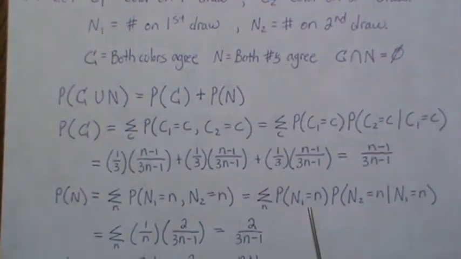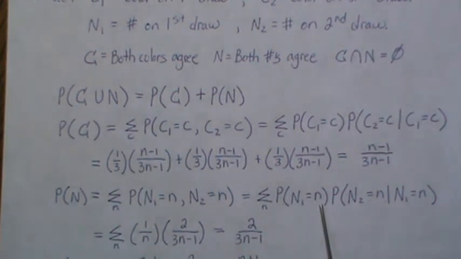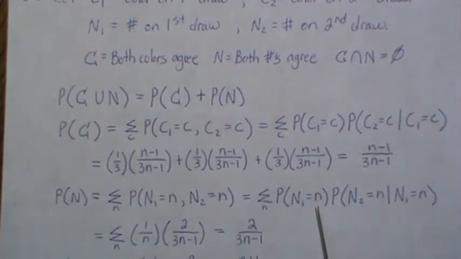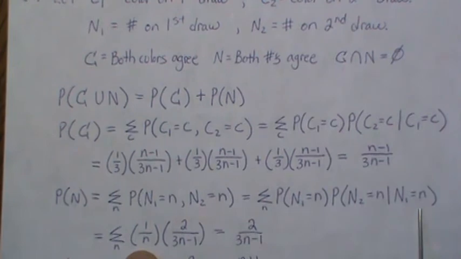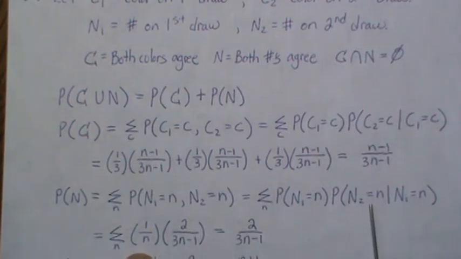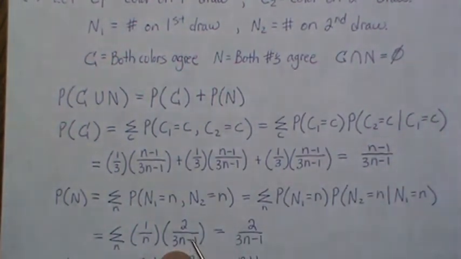So the probability that N1 is a given number is 3 over 3N, which is the same as 1 over N. Now, given that we have that number, what's the probability that we have the same number? There are only 2 more balls with that number left in the box, so it's 2 over 3N minus 1.